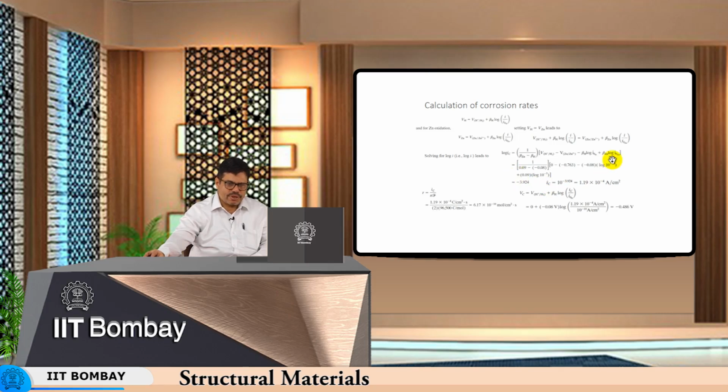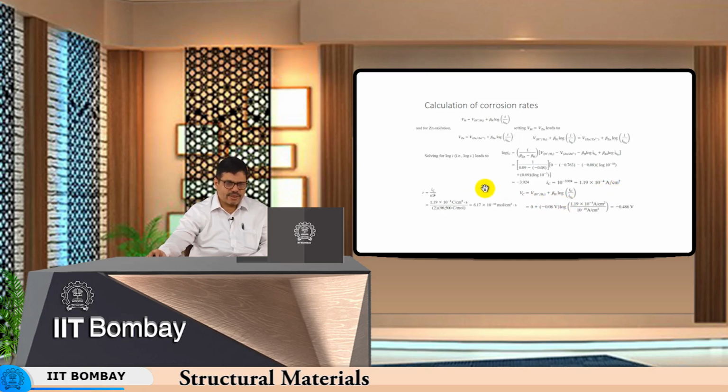Putting the values in, what we get is minus 3.924. So, this is log IC, and so the corresponding value of IC, the corrosion current density, is 10 to the power minus 3.924, which translates to 1.19 into 10 to the power minus 4 ampere per square centimeter.